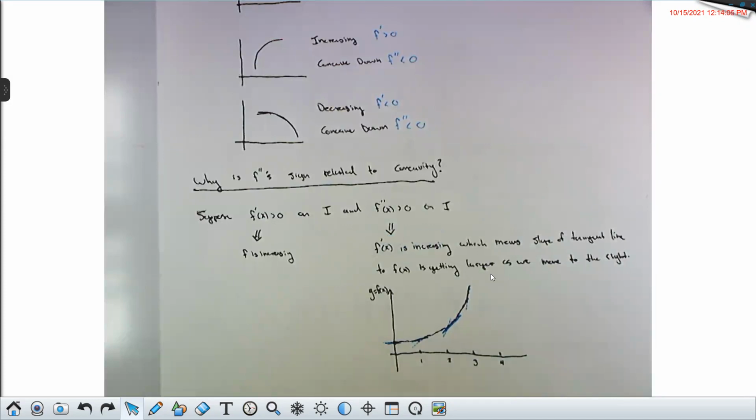They are growing. So from knowing that f is increasing and f prime is increasing, we can sketch a rough graph of f, and it is necessarily concave up, because as I go from left to right, the tangent lines have to be getting larger and larger in their slope. That's what it means to say f prime is increasing.